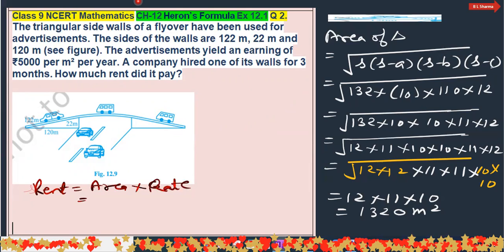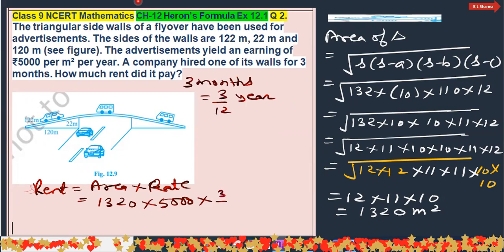That is area is 1320 and rate is 5,000 for 1 year. But that is we have to pay for only 3 months. 3 months can be written as 3 upon 12 year. So here we can write 3 by 12.